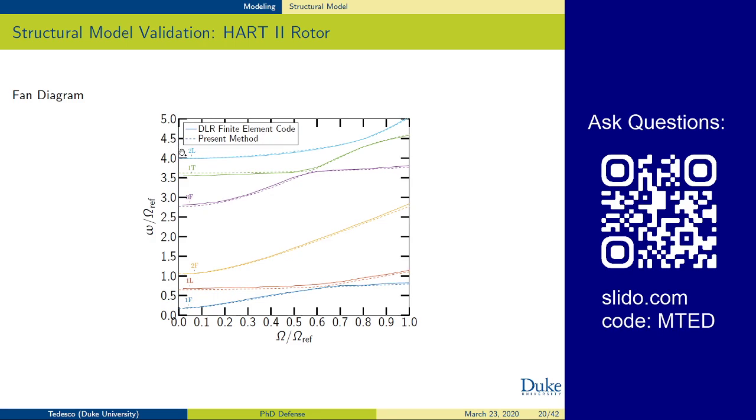And the dotted is natural frequency analysis done with our structural equations of motion, as we saw in the previous slides. So first off, you're seeing significantly good agreement between the dotted lines and the solid lines. Also, some interesting things: you are seeing some significant veering, especially for the first flapping and first lead lag, around omega over omega ref of 0.7. Just for context, for those of you that are interested, for most of our operating rotational velocities, we will be operating at 1 for most of the time.